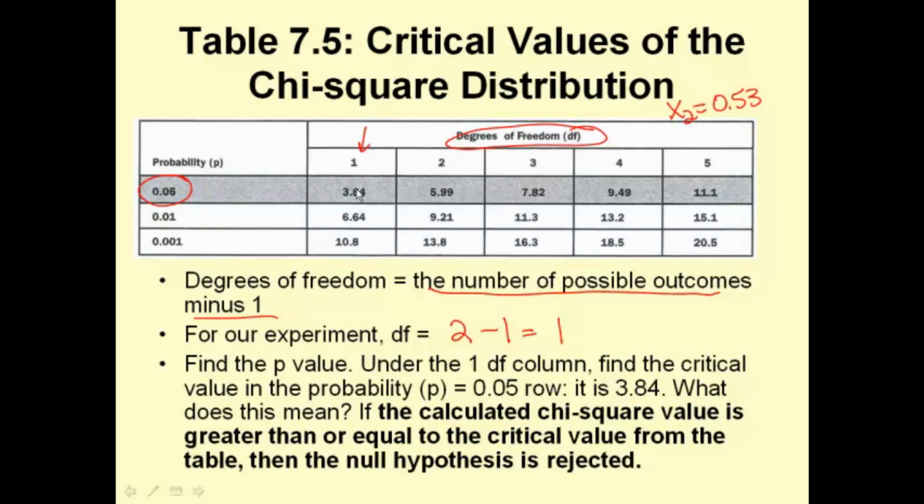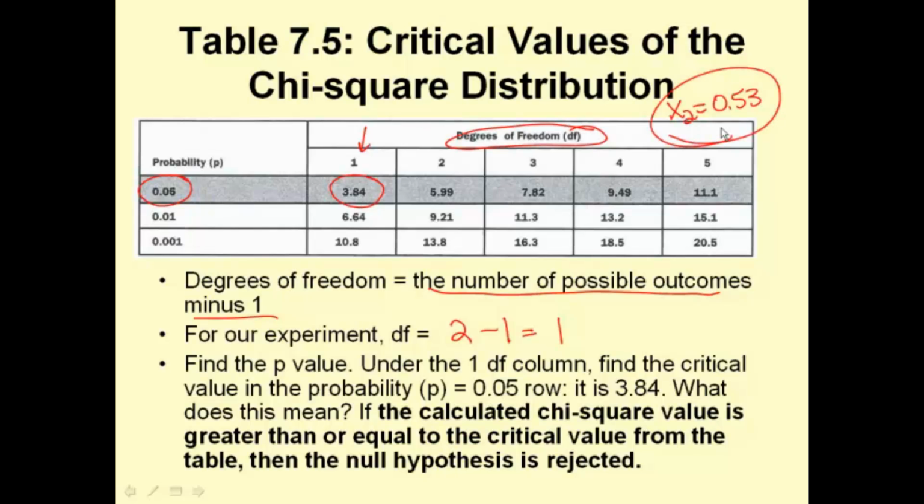And where they meet at 1 degree of freedom, the chi-squared critical value is 3.84. And what this means is that if our chi-squared value is greater than or equal to that critical value, then the null hypothesis is rejected. If our calculated value is less than that number, then we accept the null hypothesis.